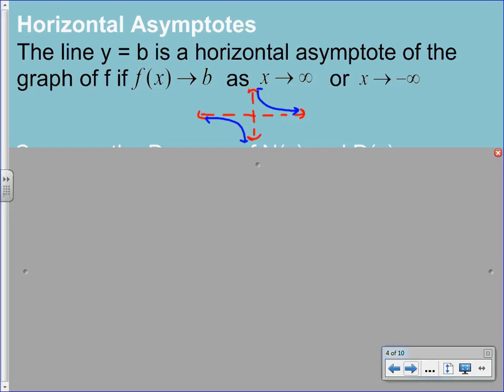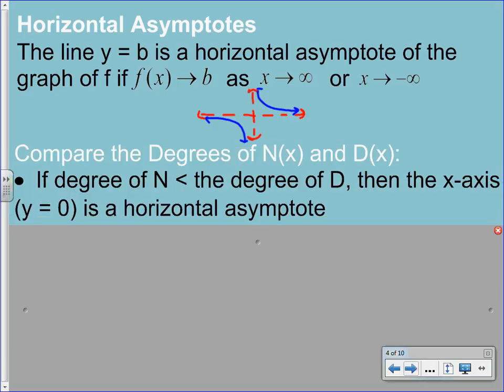Now let's talk about our rules for horizontal asymptotes. Do you remember what happens when the degree of our numerator is smaller than the degree of our denominator? Not remembering? That's okay.